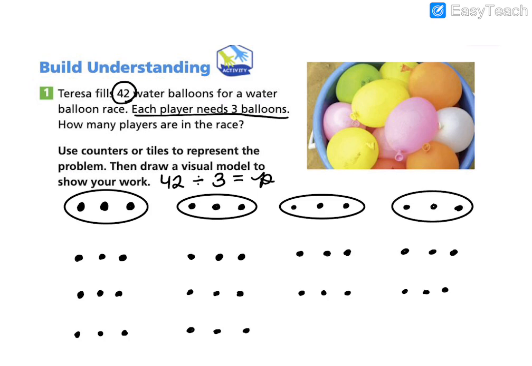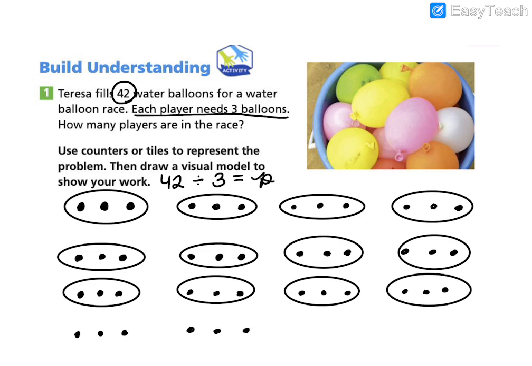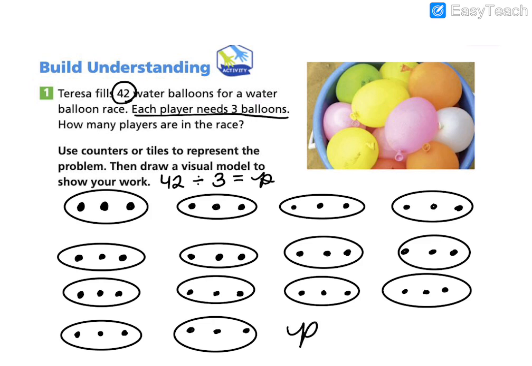You can circle them like this, just to keep it really clear and organized, or if you drew it differently, it might be easier for you to see. Okay, but I have an array of 12 right there, and 13, 14. So I know that in the race, there are 14 players. So P for players, there are 14 of them.